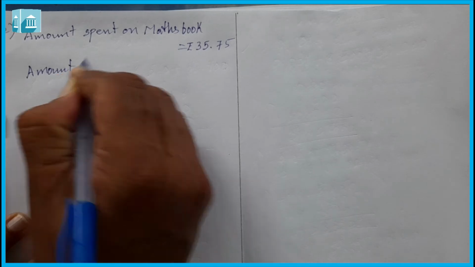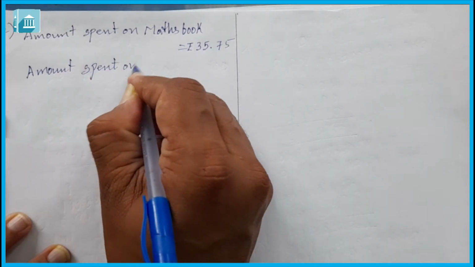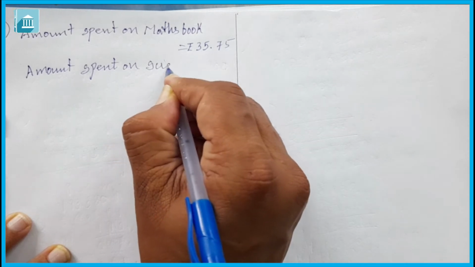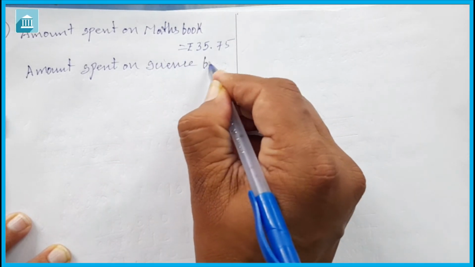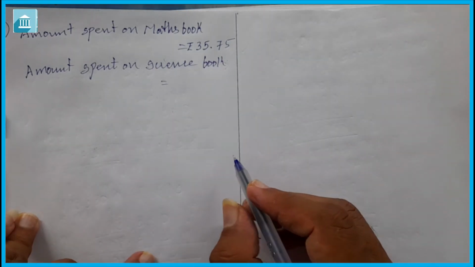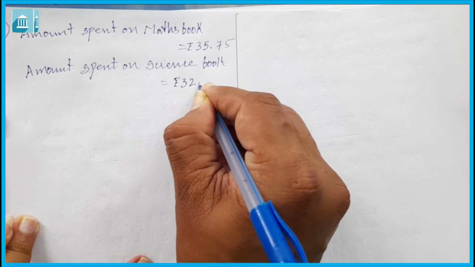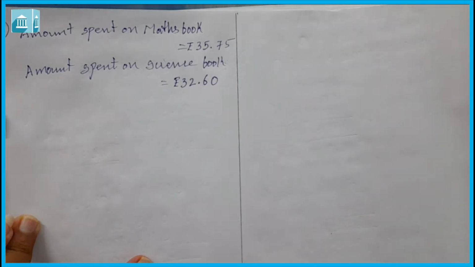amount spent on science book is equal to rupees 32.60.